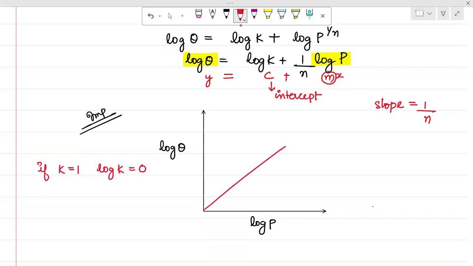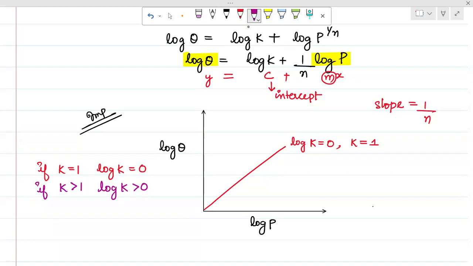So it will pass through the origin if the value of log k comes out to be 0, or if k becomes equal to 1. This is one scenario. Now another scenario is where the value of k is greater than 1. Log k will also be greater than 0.